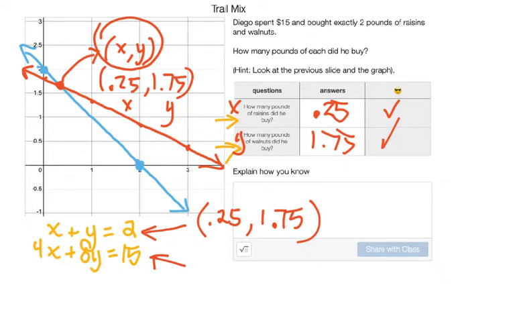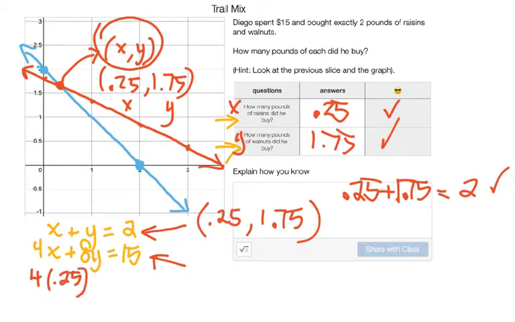And I'll prove it to you, right? If I go 0.25 plus 0.75 times 1.75, I get 2. Perfect. And it should be the same in this one: 4 times 0.25 plus 8 times 1.75. This should equal 15.